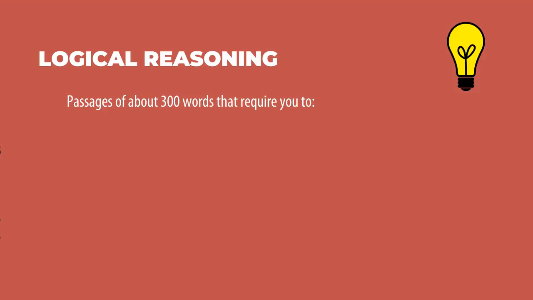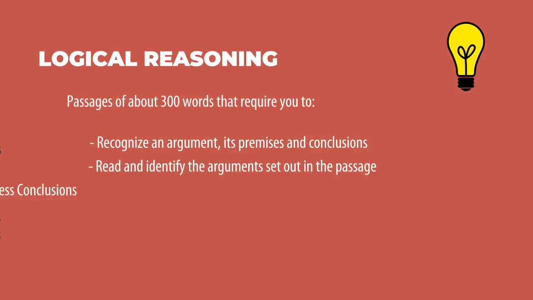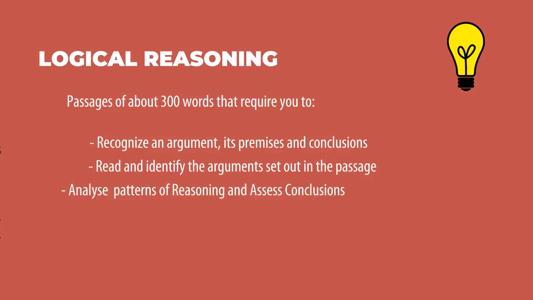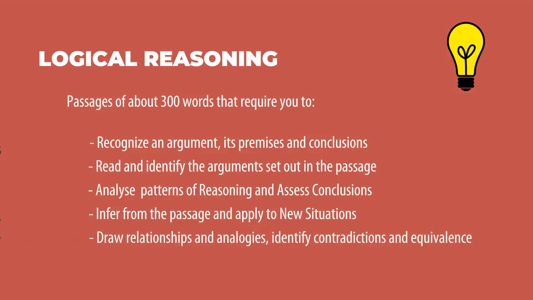Each passage will be followed by one or more questions that will require you to recognize an argument, its premises and conclusions, read and identify the arguments set out in the passage, critically analyze patterns of reasoning and assess how conclusions may depend on particular premises or evidence, infer what follows from the passage and apply these inferences to new situations, draw relationships and analogies, identify contradictions and equivalence, and assess the effectiveness of arguments.